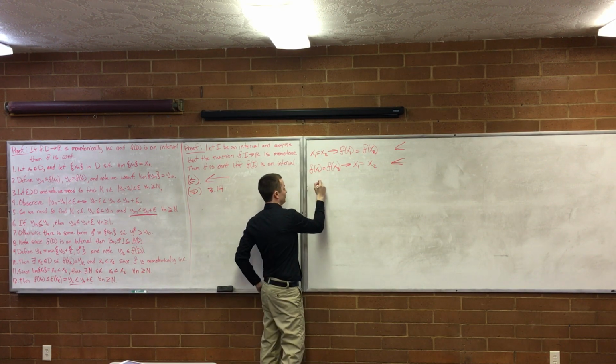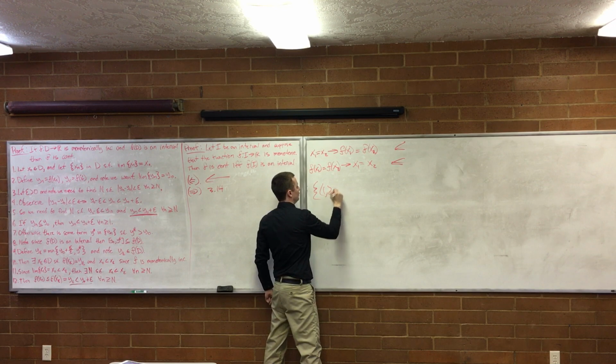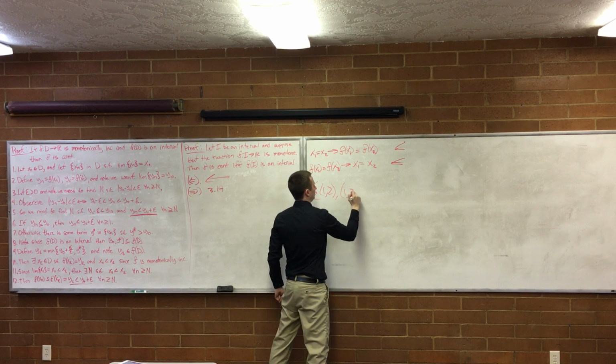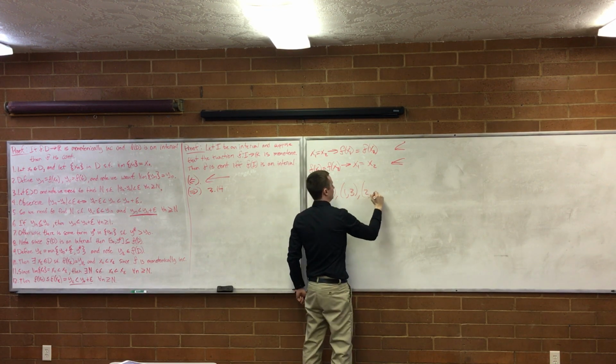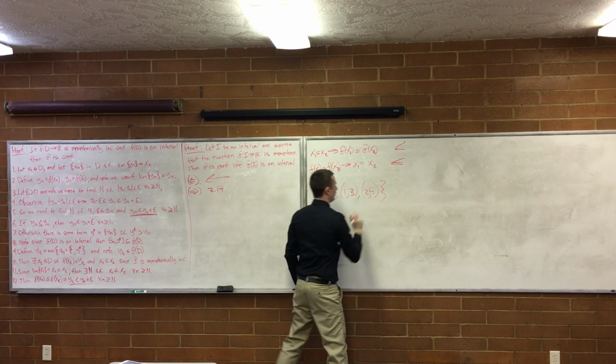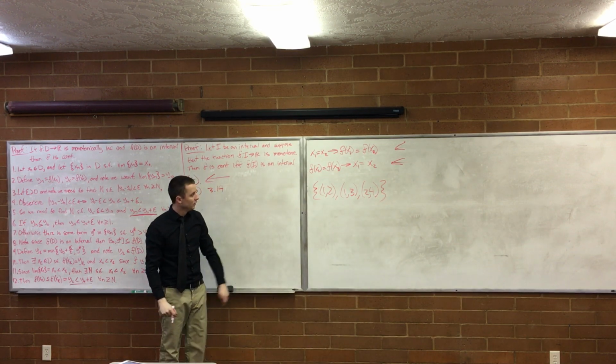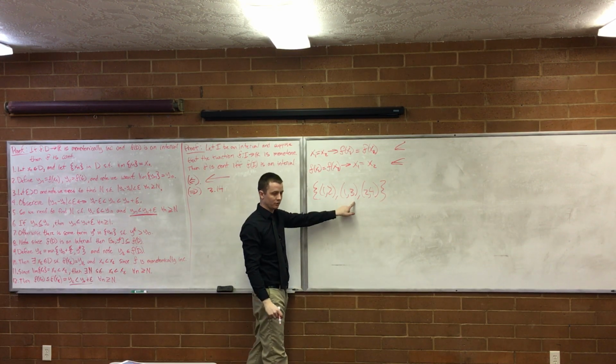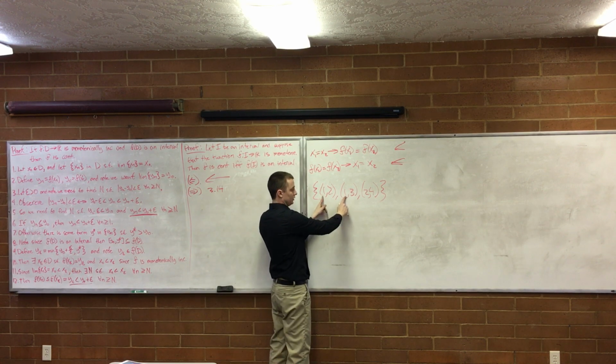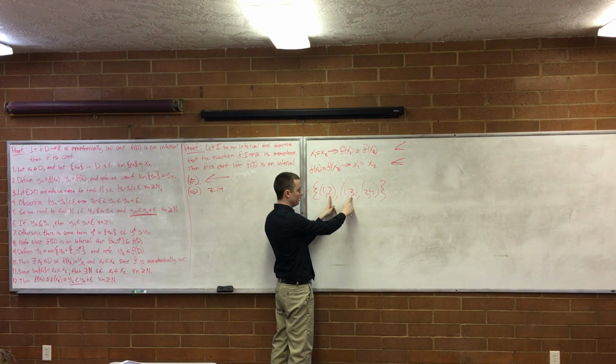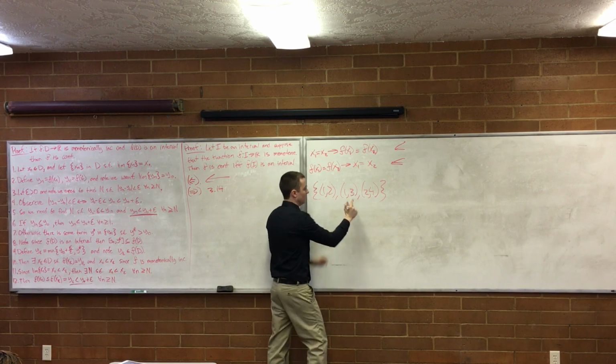Let's do an example real quick. Maybe this is helpful. This is not a function, because 1 goes to 2 and 1 goes to 3. So x1 is equal to x2, but f of x1 is not equal to f of x2. Not a function.